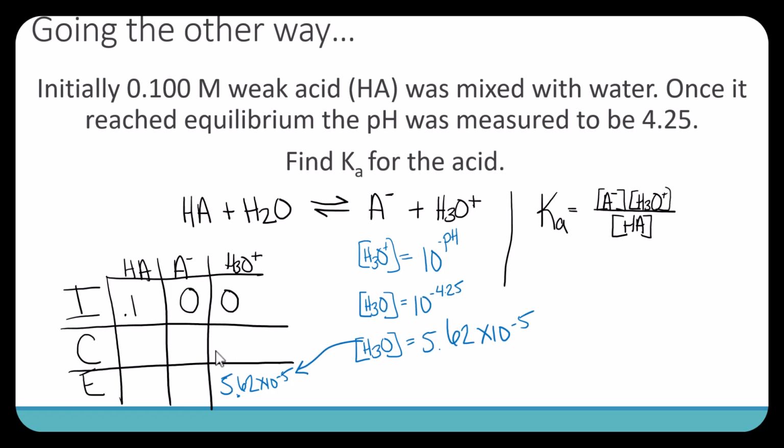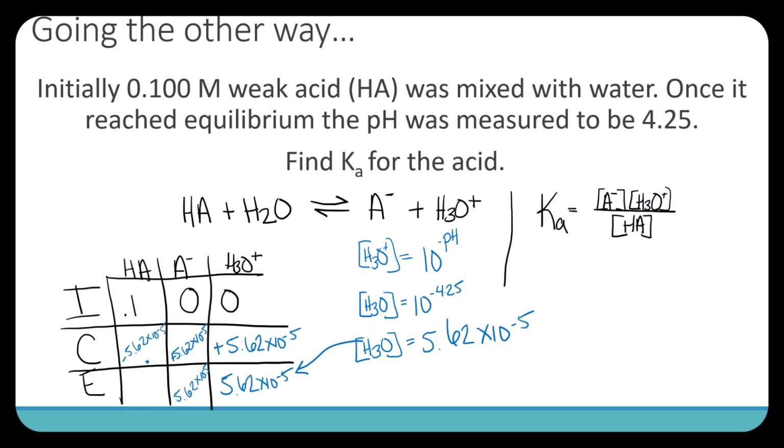Which means we know that the change is 5.62 times 10 to the negative fifth, and we know this change is going to be a positive 5.62 times 10 to the negative fifth. And we know this change is going to be a negative, so if the products go up, reactants must go down. So we know that this is going to be a negative 5.62 times 10 to the negative fifth.